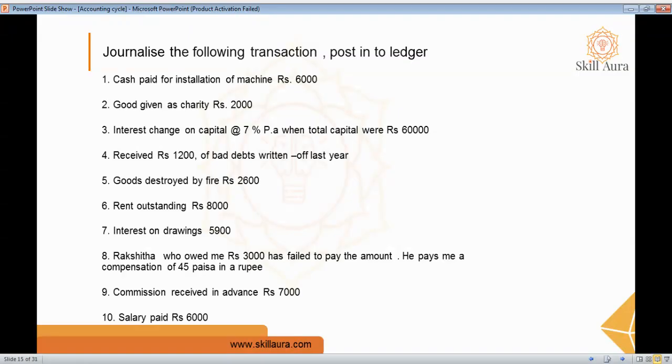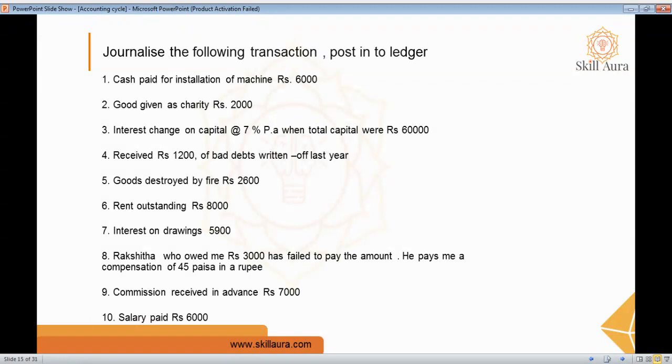You are going to debit the cash account and the compensation expenses account, and credit the account receivable. By seeing the journal entries, you can post the ledger account easily.